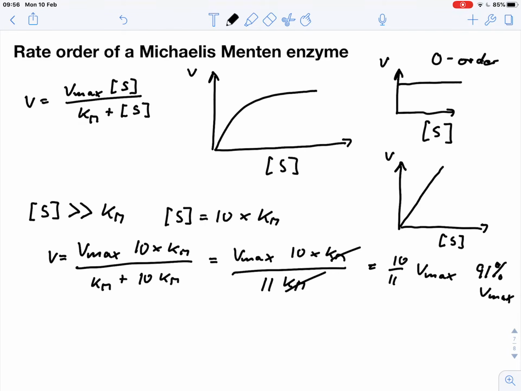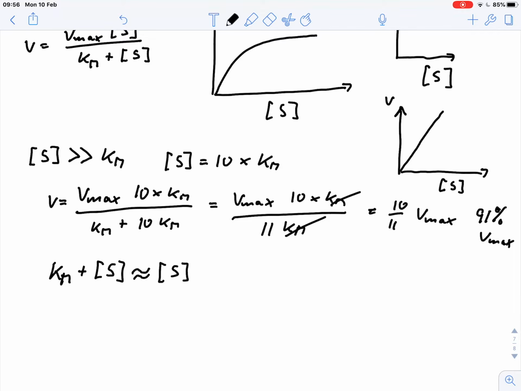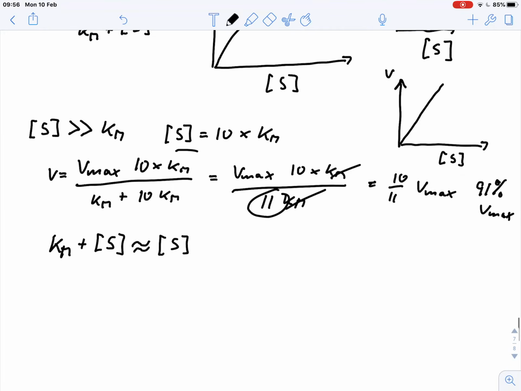Now, what changes? Well, we can actually write that Km plus S is fairly close to S. Here S is 10 times Km, and Km plus S gives us 11 Km, so it's close to S. So what do we get if we do this substitution? We have V equals Vmax times S, that doesn't change.